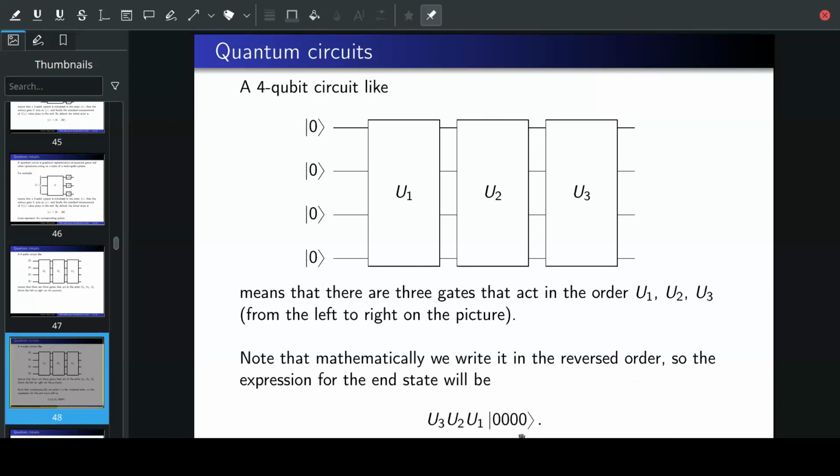At first we had this state ket zeros, then we acted by U1, then by U2, and then by U3. So this is an important distinction that you better remember.